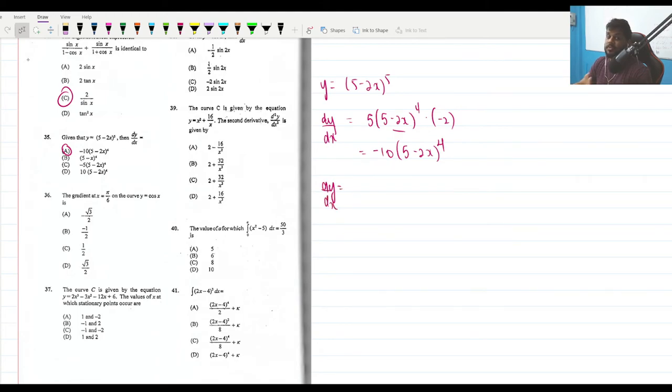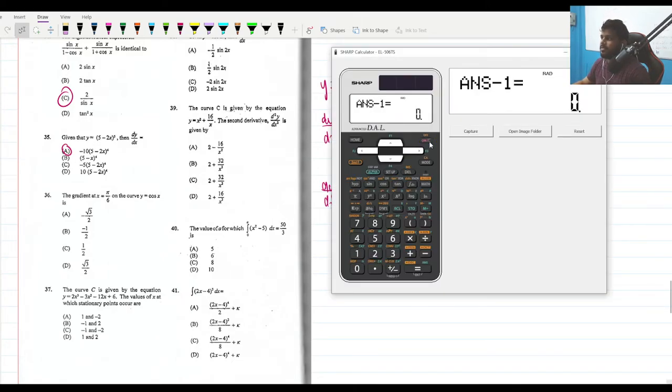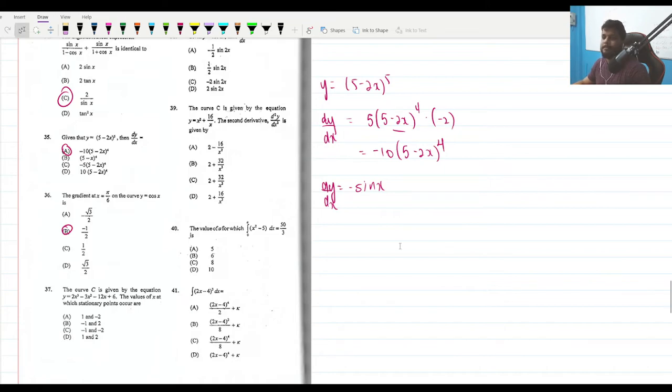So dy/dx is minus sin x, and they want the gradient at pi on 6. So minus sine of pi on 6. My calculator is still in radians. Minus sine of pi on 6 is negative a half. B is the answer. Bob is your uncle. Win again.